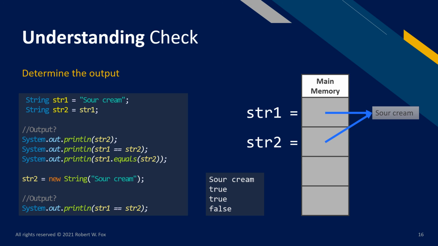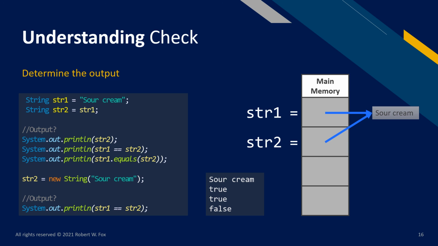And likewise, when we print str1 equal equal str2, we have two references that refer to the same object, so we get a true. The third print line statement compares str1 and str2 with equals. Basically, it's comparing the string to itself, and it will have the same letters, so it outputs true.